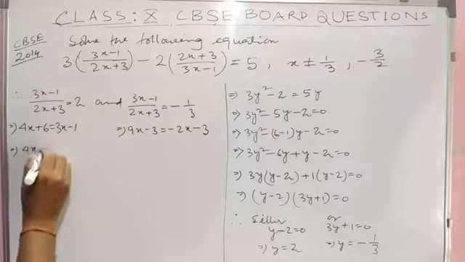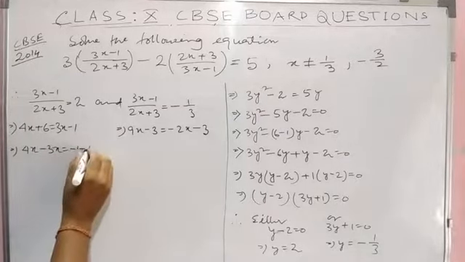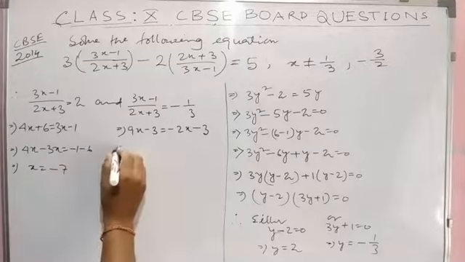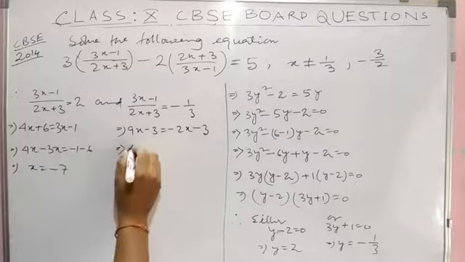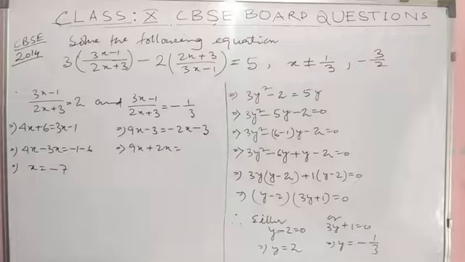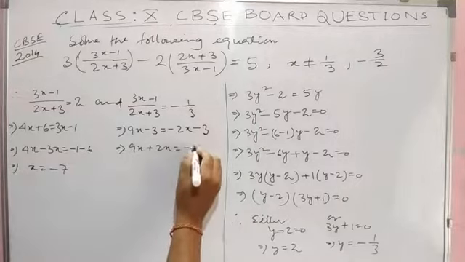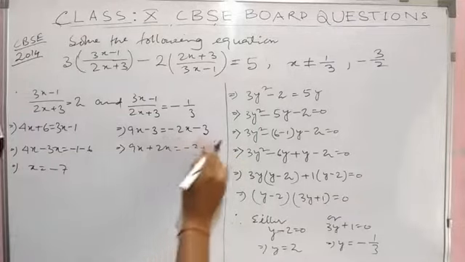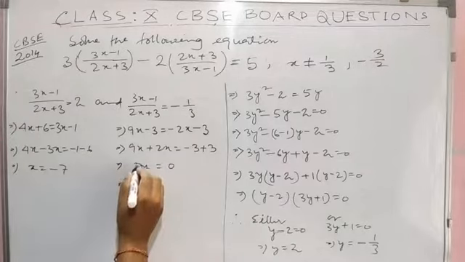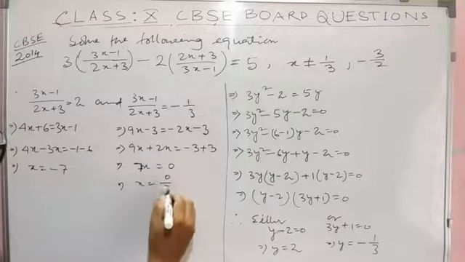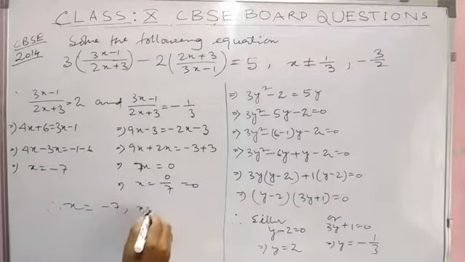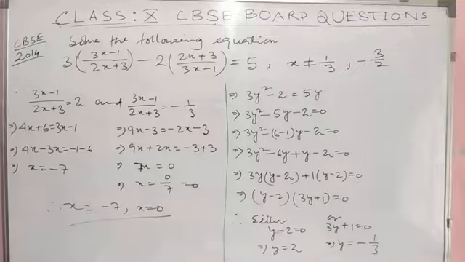So it will be 4x minus 3x equal to minus 1 minus 6, implies that x equal to minus 7, and it will be 9x plus 2x equal to minus 3 plus 3, so it will be 7x equal to 0. This implies that x equal to 0 by 7 equal to 0. Therefore x equal to minus 7, x equal to 0. These are the solutions.